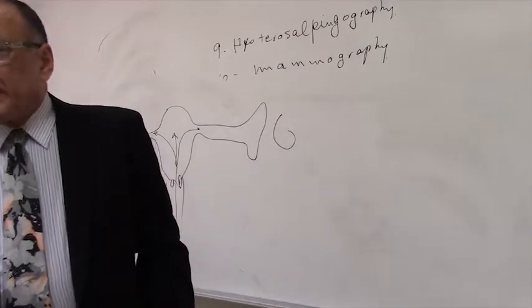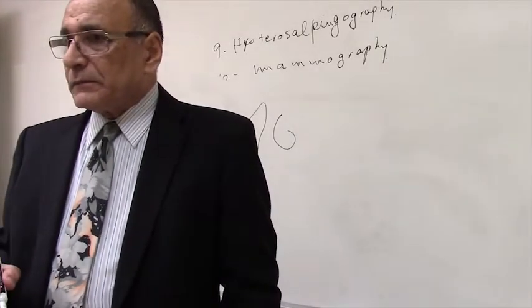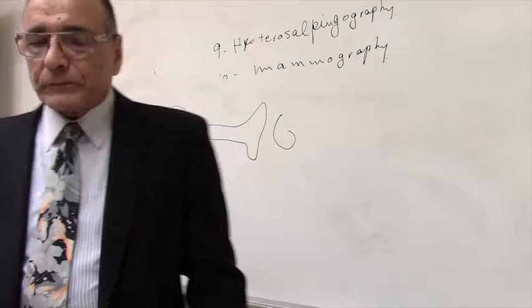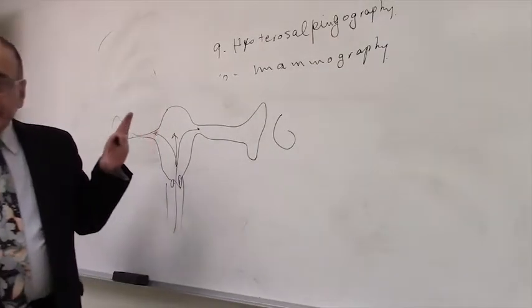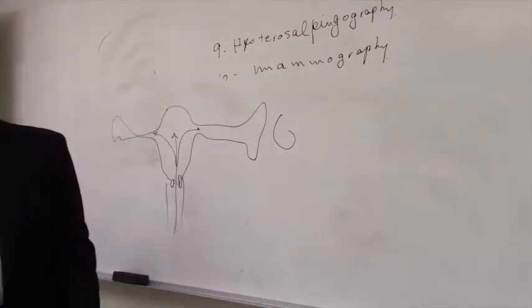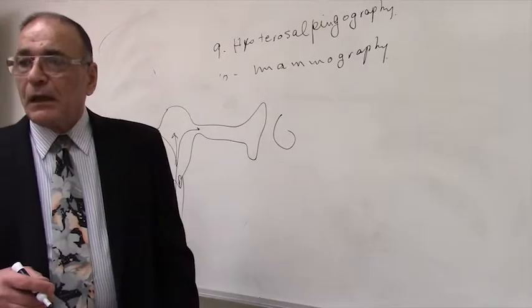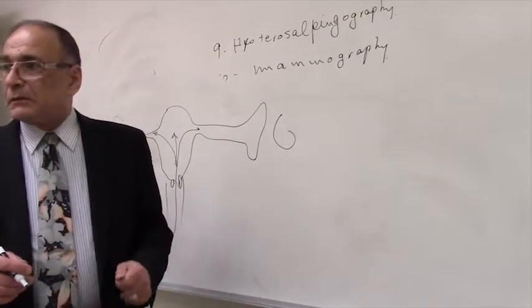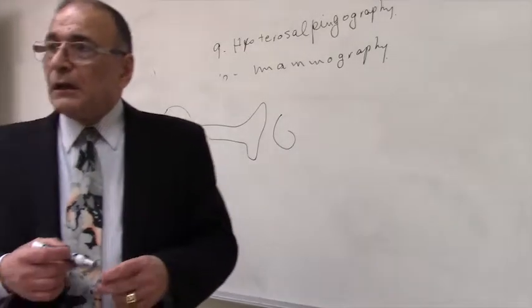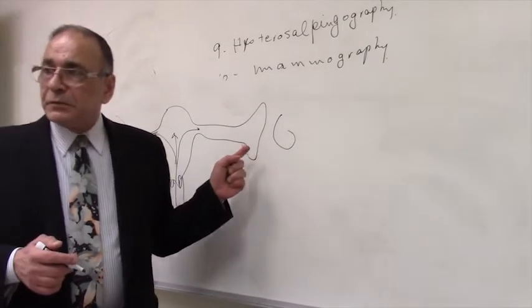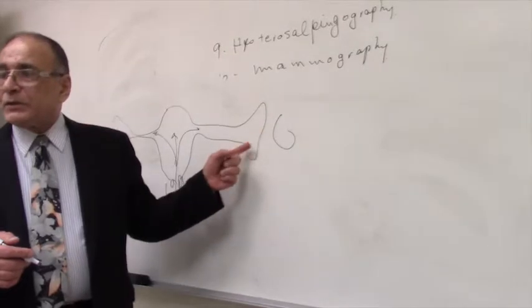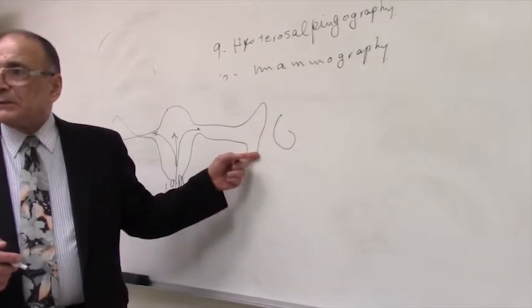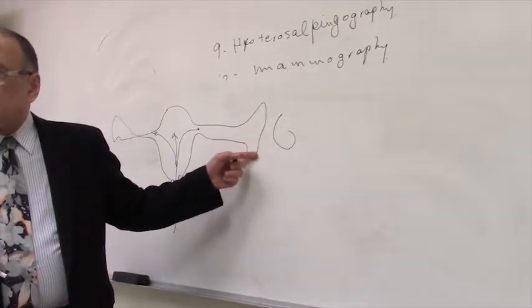Usually they use air or carbon dioxide as contrast medium. And they take the X-ray. And this is called hysterosalpingography. You see any obstruction of the tube, tubal inflammation, or block of the tube.